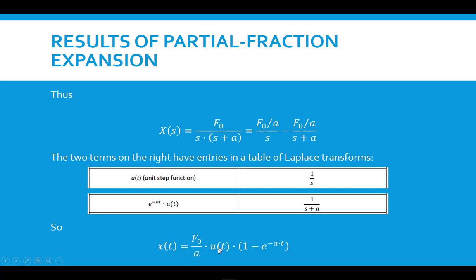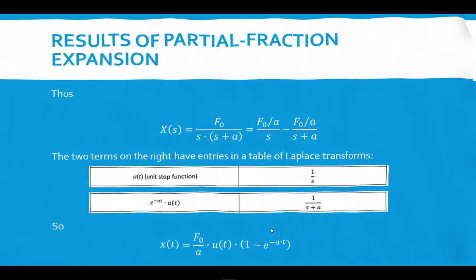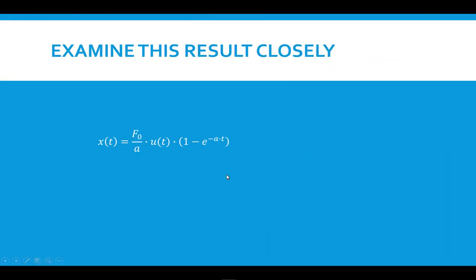With the u(t) in here, we can see before t equals 0, this is going to be 0, and so it'll just kill everything over here off. And after t equals 0, this will be 1, and so we will have f sub 0 over a times this expression here. Let's look at that in a little bit more detail.